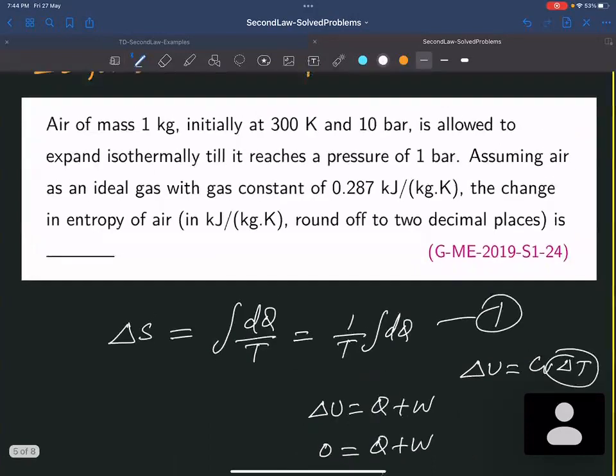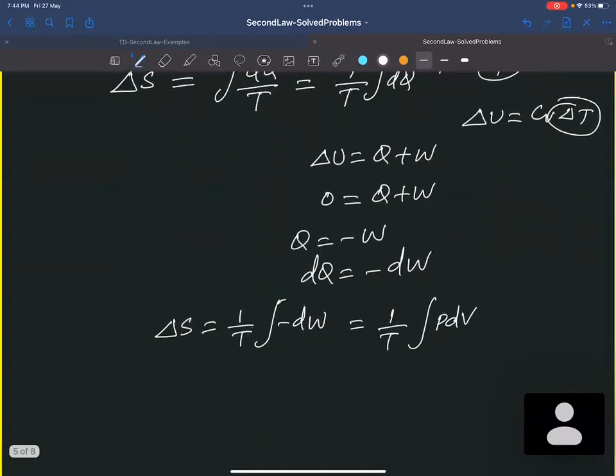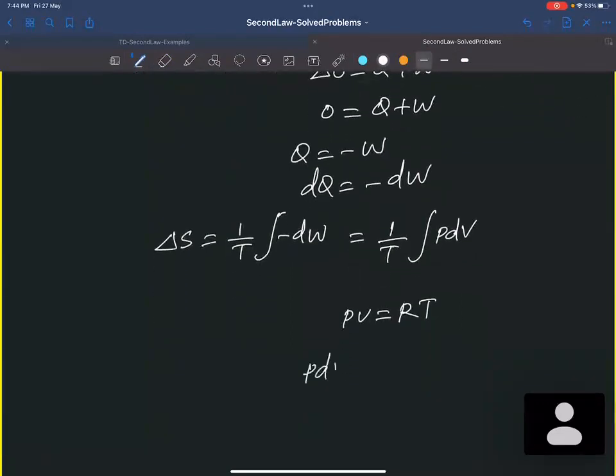But what is available? We are given only pressure and temperature data. No volume data is available. So we can write this PdV from our equation of state. So what is the equation of state? It says PV equal to RT. Taking the derivative, PdV plus VdP equal to RdT.